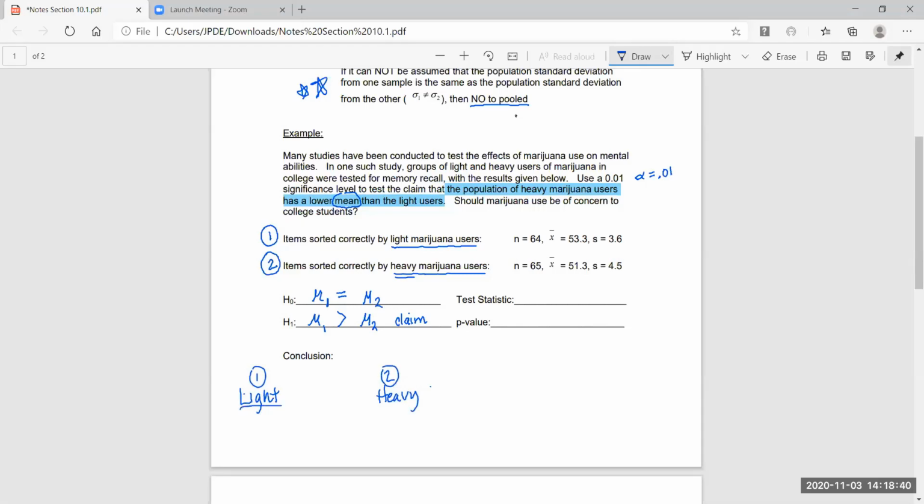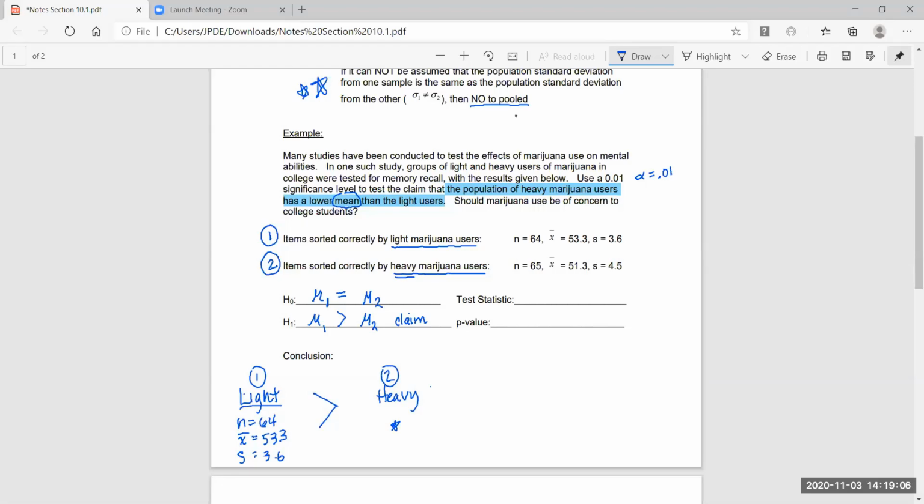And then you could keep track. N is 64, the mean is 53.3, and the standard deviation is 3.6. You could keep track this way. And then based on our claim, it said the heavy marijuana users have a lower mean. So we know this score on the test over here should be lower than the light users.